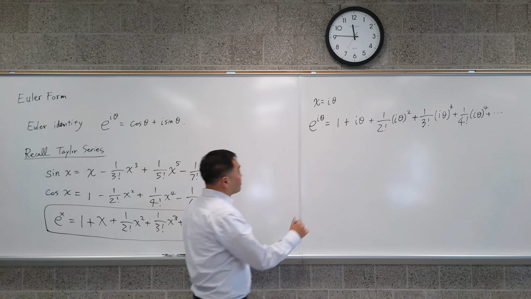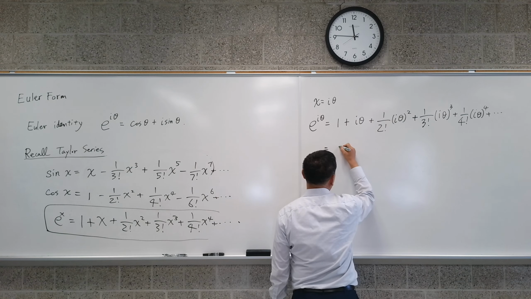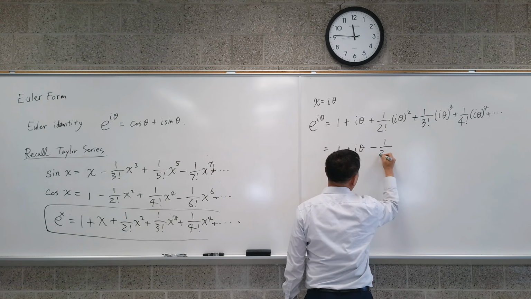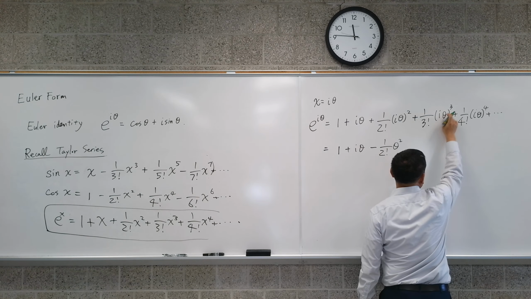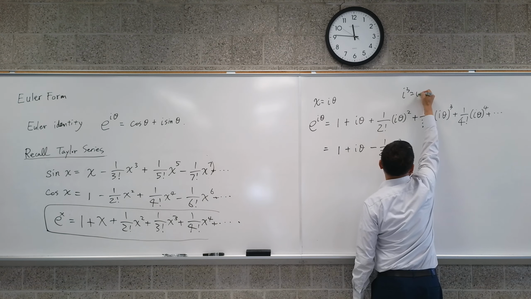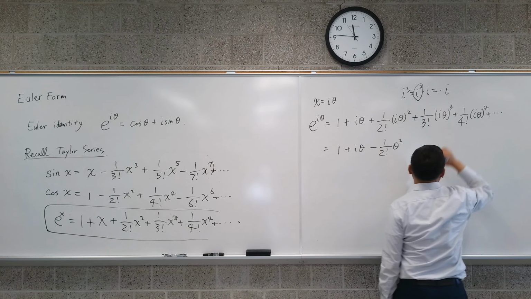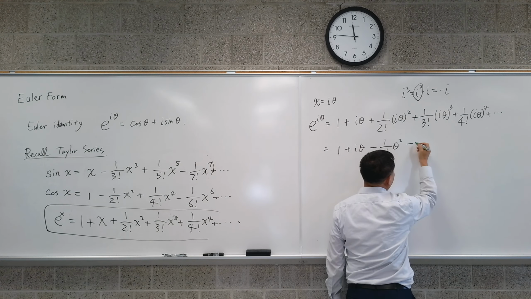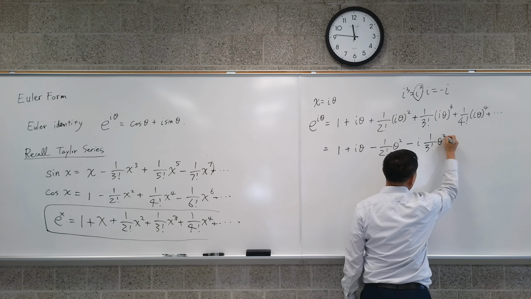And then we use the fact that i squared is negative 1. So it's going to be 1 plus i theta minus 1 over 2 factorial theta squared. And then i cubed, what's i cubed? i cubed is i squared times i, so it gives you negative i, since i squared is negative 1. So that's going to give you minus i times 1 over 3 factorial theta cubed.